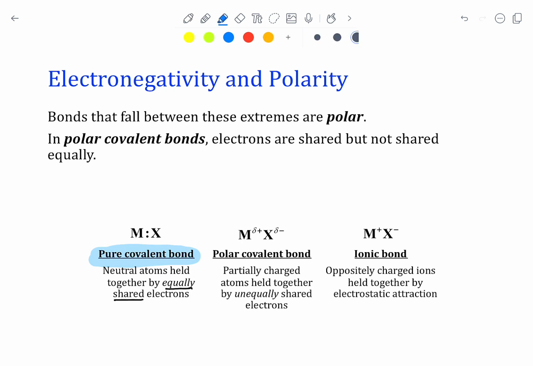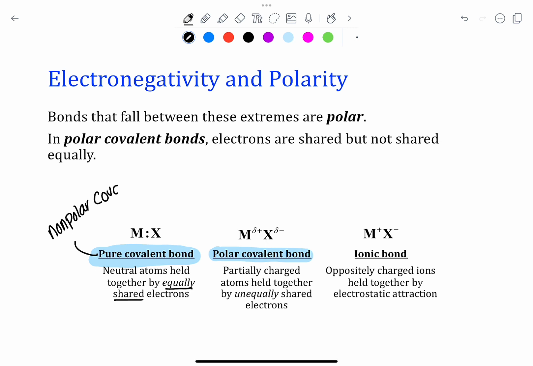I should say that a pure covalent bond is often referred to as a nonpolar covalent bond. That's another term that we will use, as well as in your ALEKS homework. You'll see it referred to as a nonpolar covalent bond, which means it's purely covalent and the electrons are being shared equally.